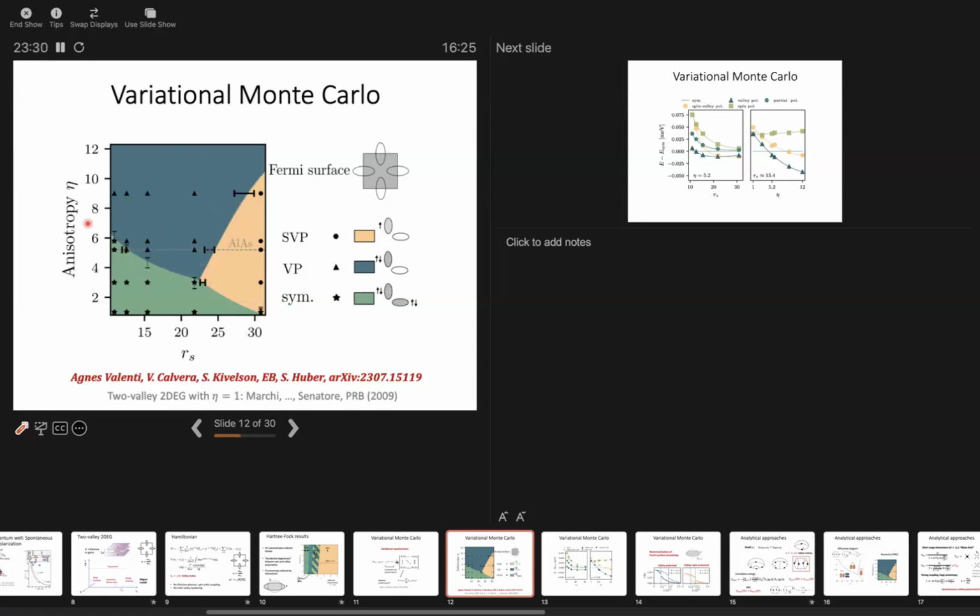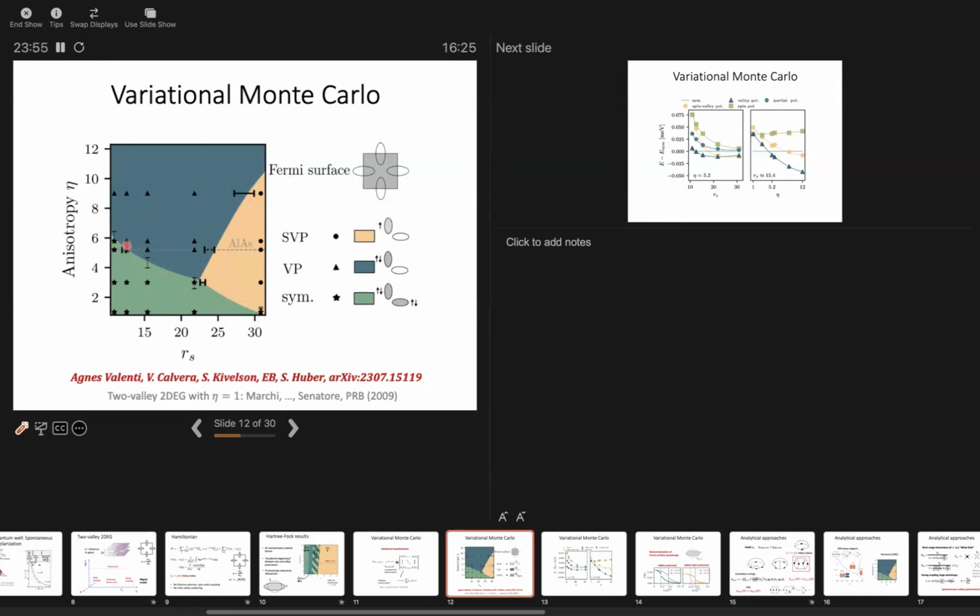And in particular, for the aluminum arsenide value of close to 5, we get a transition between the symmetric phase and the valley polarized phase close to Rs equals 12 in this calculation. And in particular, the range of this valley polarized, spin unpolarized phase expands as we increase eta. Okay, so this is not quite the right value in experiment.